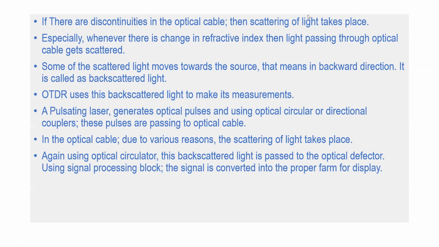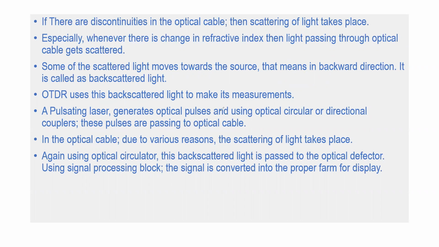If this is your fiber and light is traveling in this direction, and scattering occurs at this point, some light will travel in the forward direction and some light will travel in the backward direction. The light signal traveling in the backward direction is called backscattering. OTDR uses this backscattered light to make its measurements. The amount of backscattered light is used to calculate the loss that is occurring.